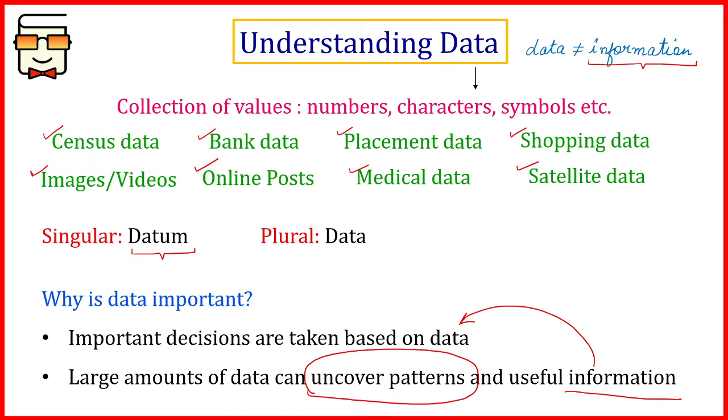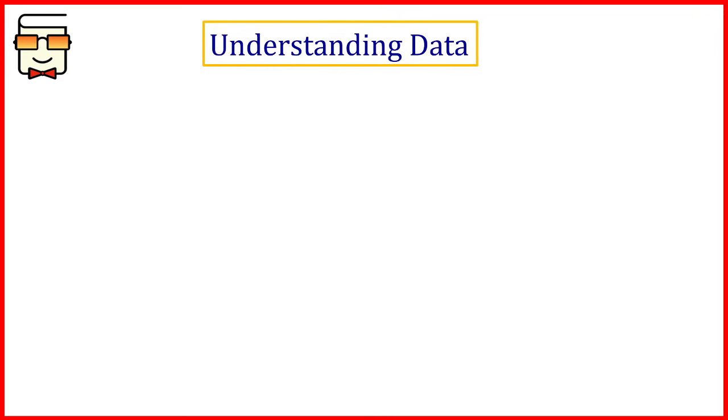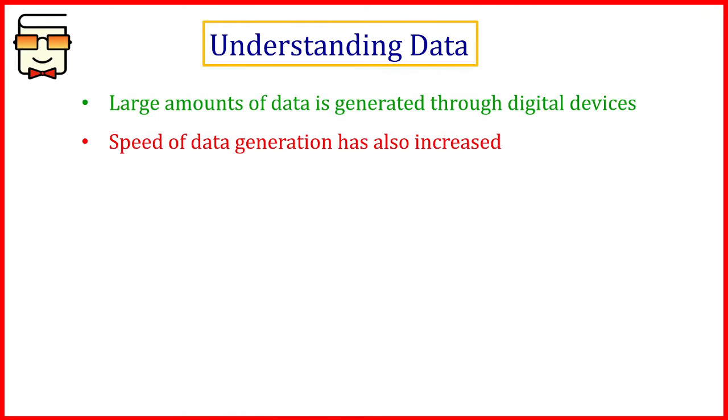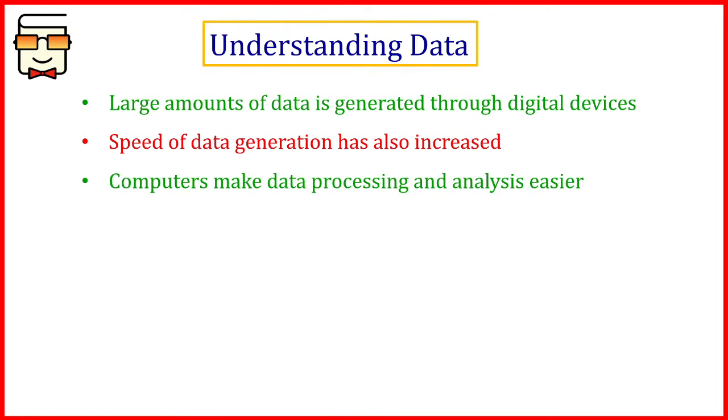So basically, such decisions are based on the information derived from the data that is collected from different sources. Now, in recent times, the amount of data generated by digital devices has increased, and the speed of the data has also increased because there are so many devices, and the speed of the internet has also improved compared to past decades.